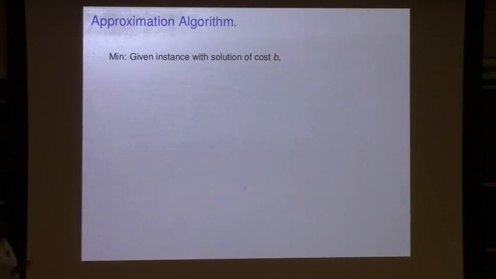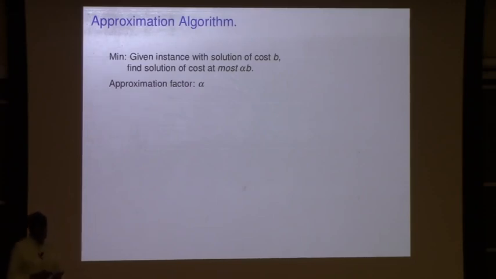Say you have a minimization problem, and you're given an instance, and there is a solution with cost B. Say you build an algorithm that you can prove always produces solutions whose cost is at most alpha times B. The approximation factor for that algorithm is alpha.